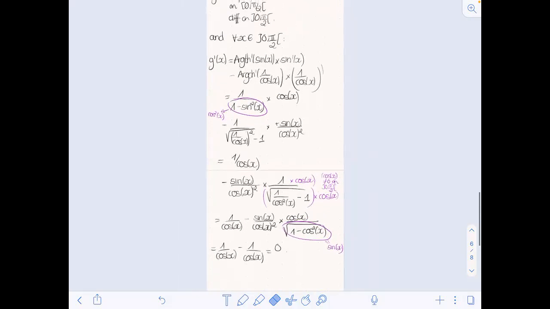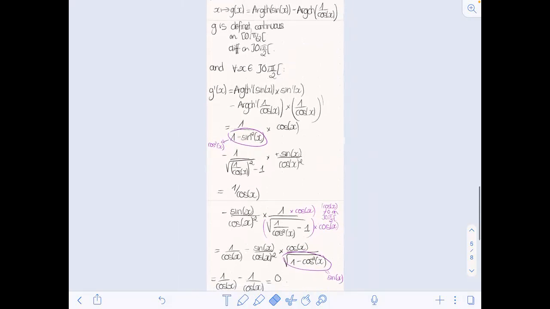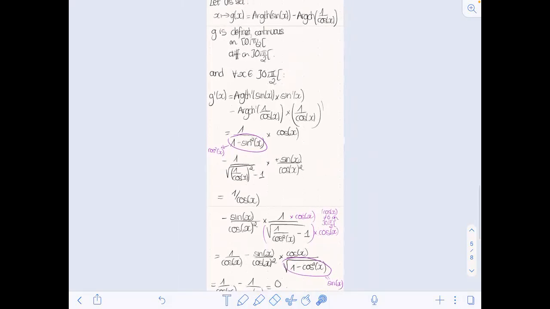And so if I just try and project as much as possible, do we know any particular values for the initial function g? I think we can take 0.